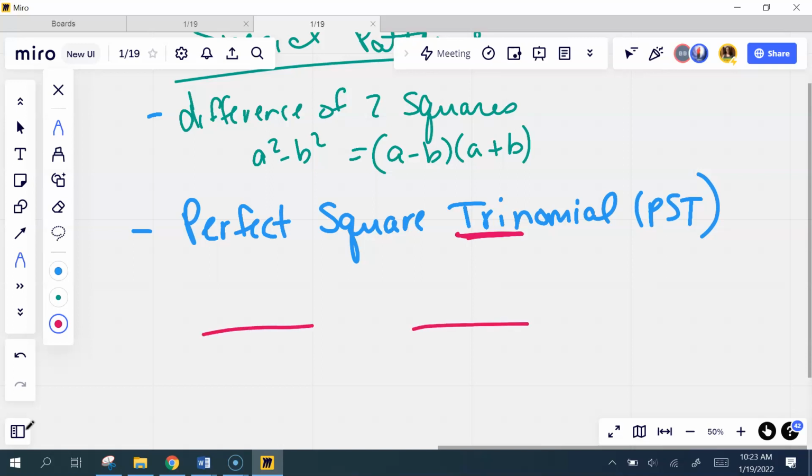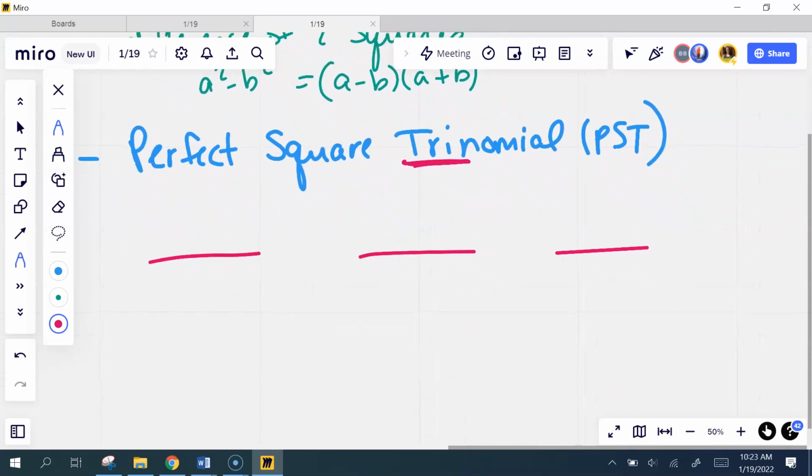1, 2, 3. The first term, this very first blank, must be a perfect square, and the last one must be a perfect square.